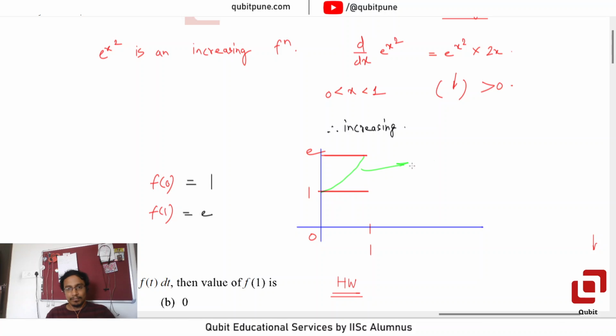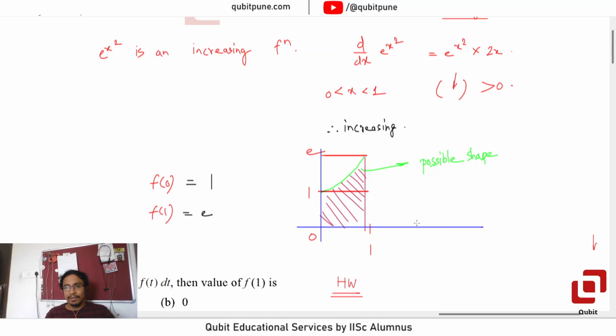We will later on plot it on Desmos also. And see, it is an even function, e raised to x squared, right? So ऐसा ही रहेगा. We will see that. But the point is we want to find this area. इंटीग्रल है ना, तो एरिया हो जाएगा क्योंकि ग्राफ एक्स एक्सिस के ऊपर है.